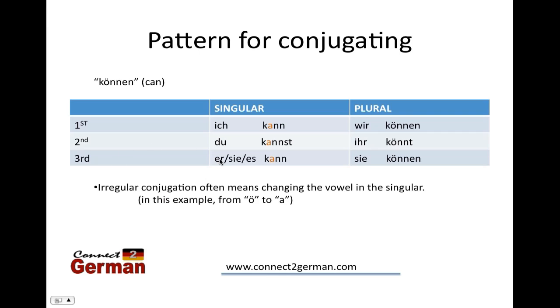In this case, it changes from the o umlaut to an a. Also notice, in the plural, we retain that o umlaut, just like the infinitive here. So plural forms are fine. They're conjugated just like any other verb. It's really the singular ones that we want to watch.